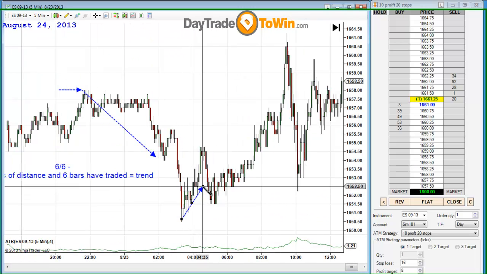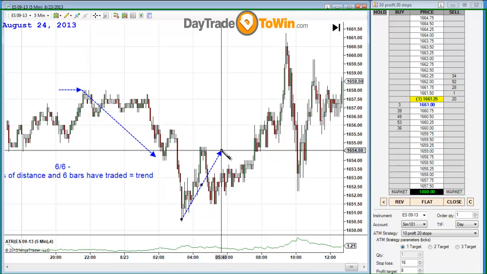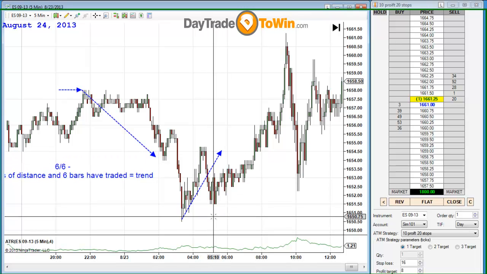Once it has moved 6 points up, 6 candles or more have plotted, I've identified a trend. Six points, Vaughn, 6 times 4 is 24 ticks. 24 ticks in the E-mini, about 30 ticks in the currencies, because the currencies work a little bit more.